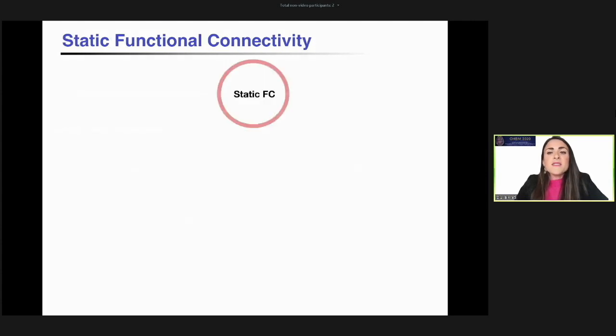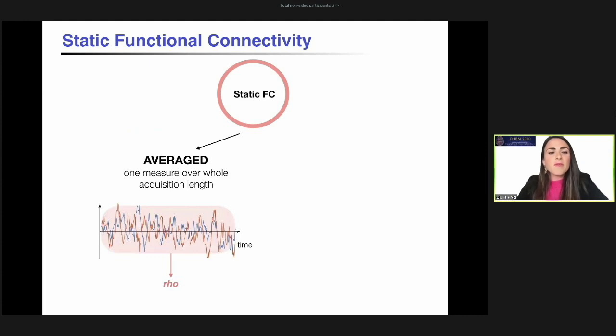And static functional connectivity has two main properties that I would like to focus on today. The first one is being averaged. It means that it yields one measure over the whole acquisition length. So for example, for the time courses, it gives the correlation raw.